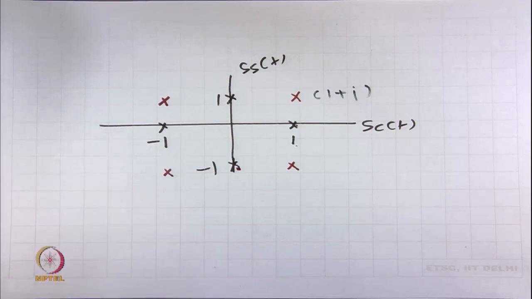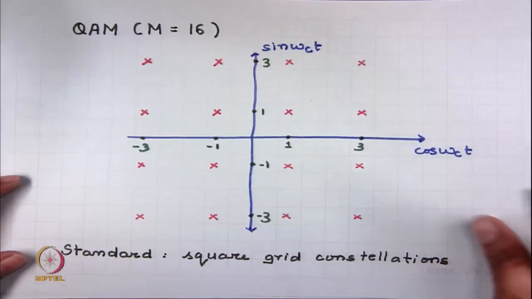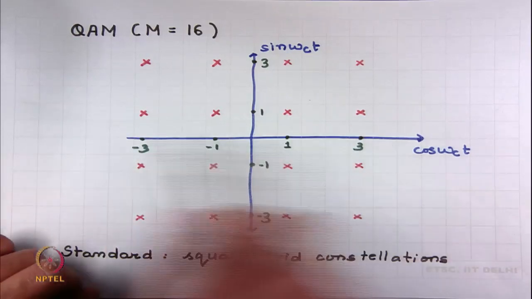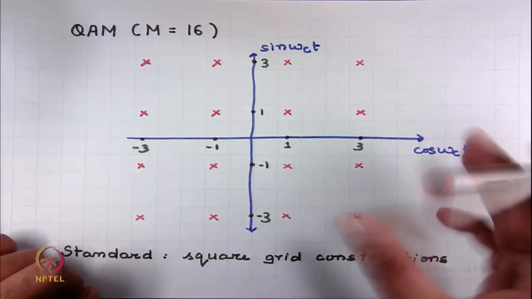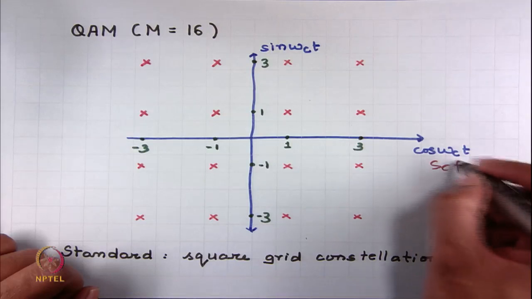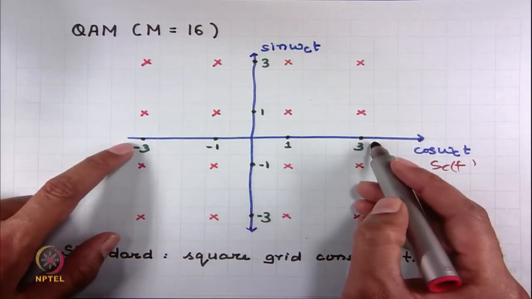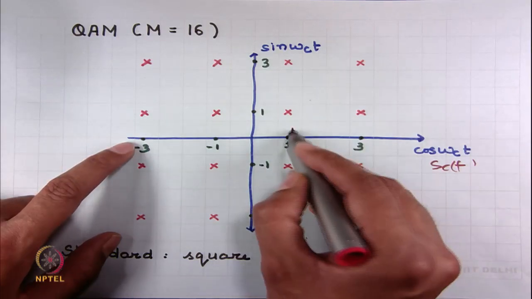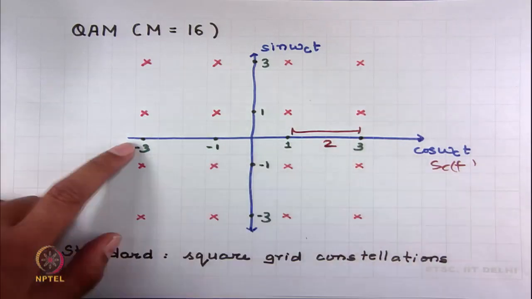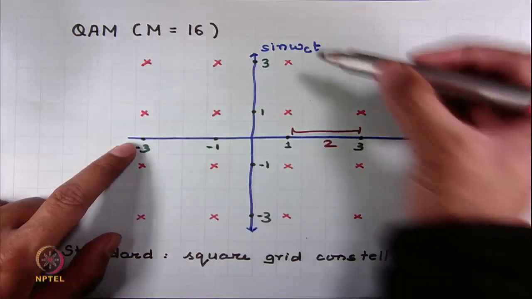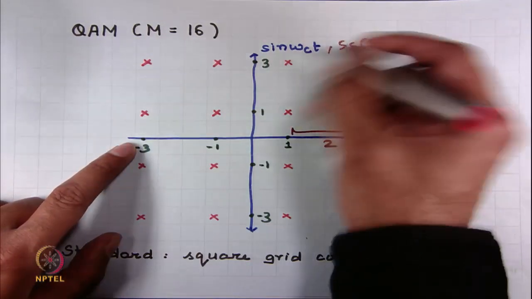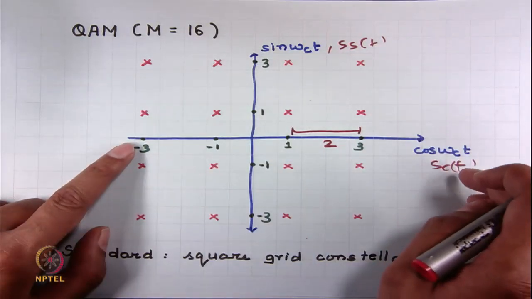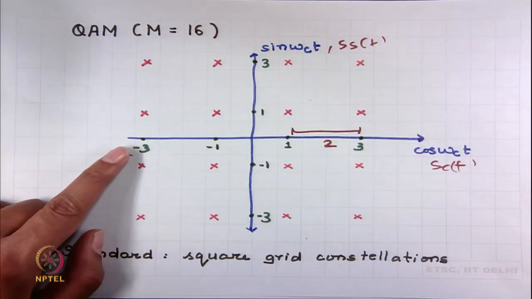Now, I can look at QAM where M is 16. So, again you can think of this as s_c(t) taking in 4 amplitude levels. Again the distance between the amplitude levels is 2 and this distance is kept constant, and similarly s_s(t) can take in 4 amplitude levels. Now, based on the combination of the amplitude levels of s_c(t) and s_s(t), you can have 16 amplitude levels.